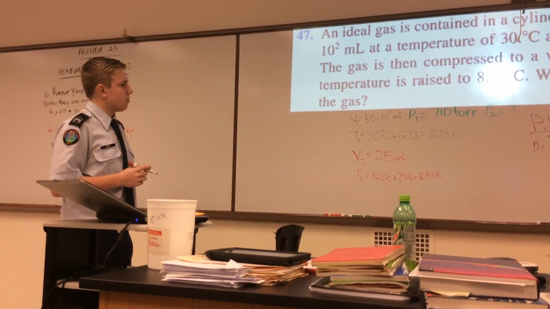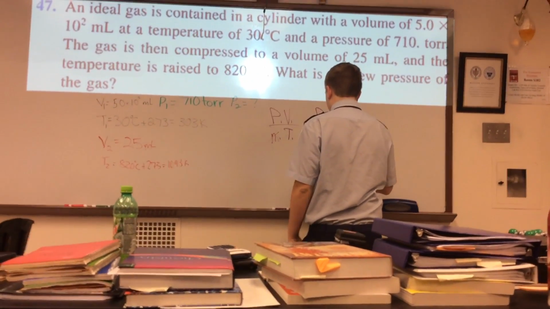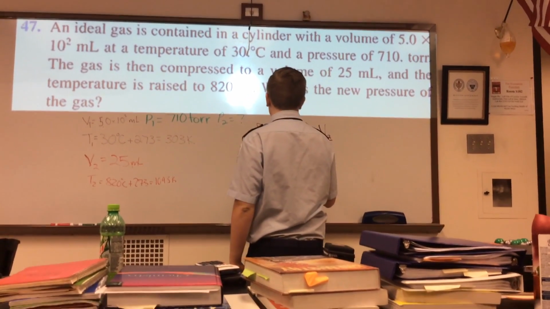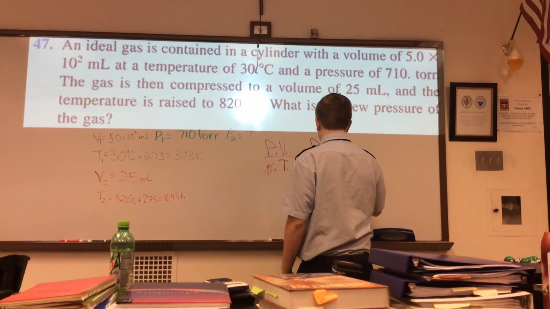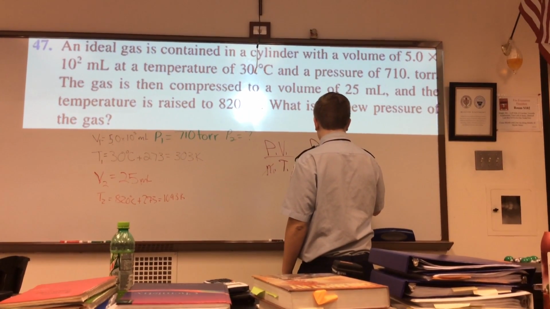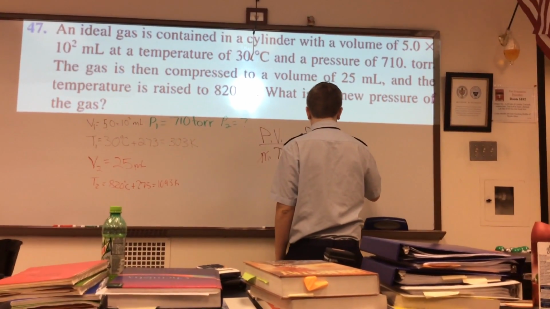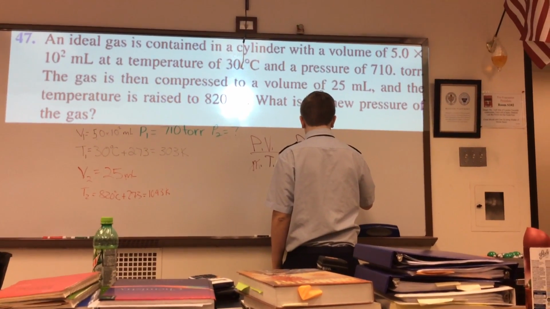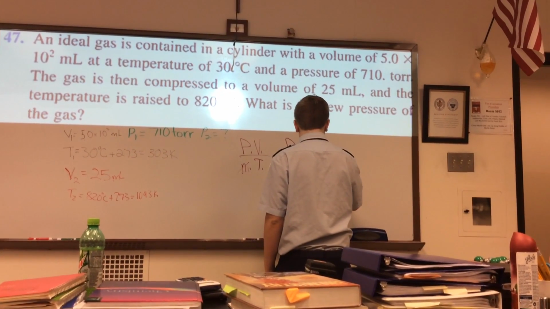No. So we can get rid of it, so let's just put a slash through the n's. And we want to solve for what? Pressure two. So let's isolate pressure two. So you're going to do what to both sides? T2 is going to cancel it. No, that's going to make T2 squared.